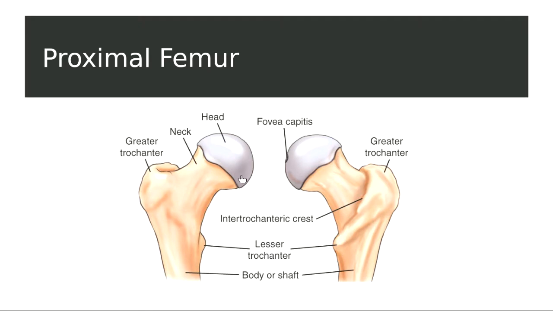The greater trochanter is found superior to the lesser and laterally. If you palpate the outside of your thigh up near your hip bone, it's a palpable bony landmark, and the greater trochanter usually correlates with the level of the pubic symphysis.